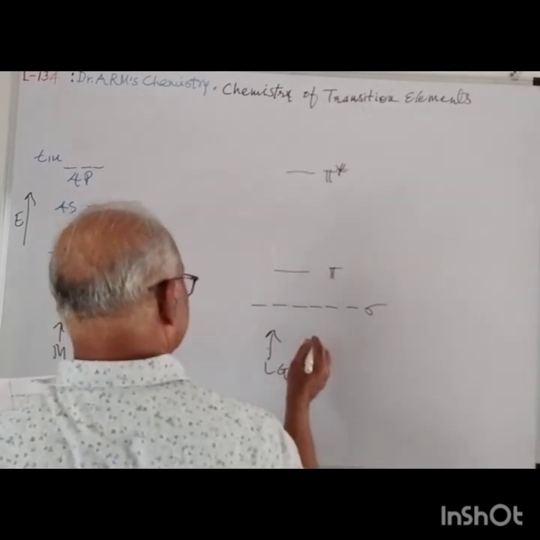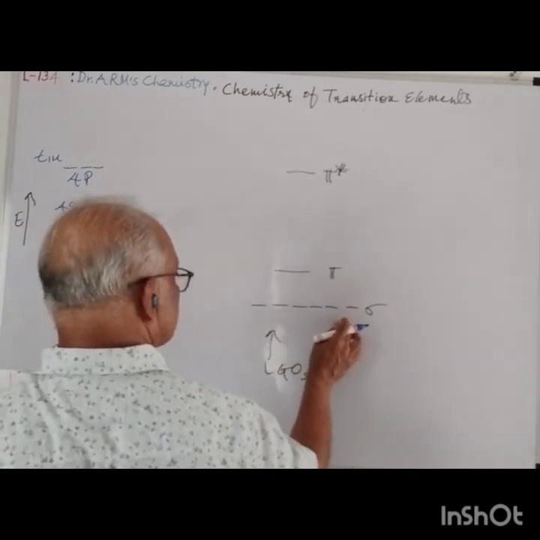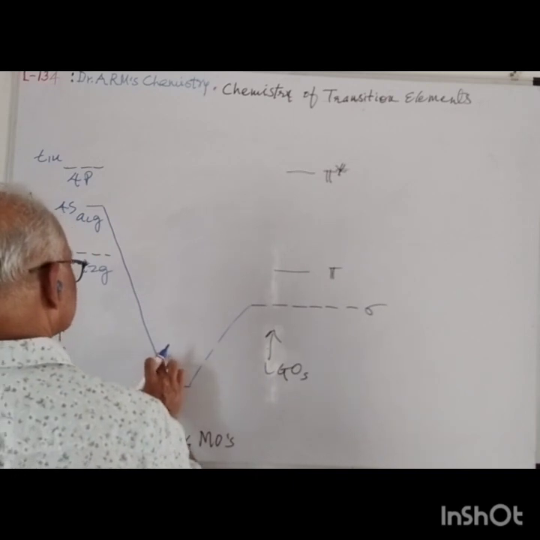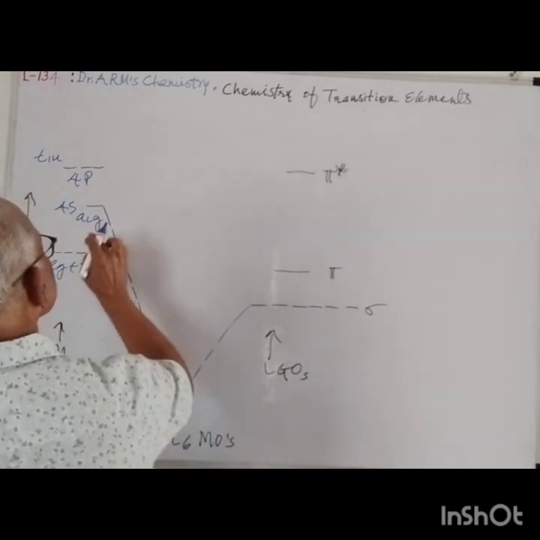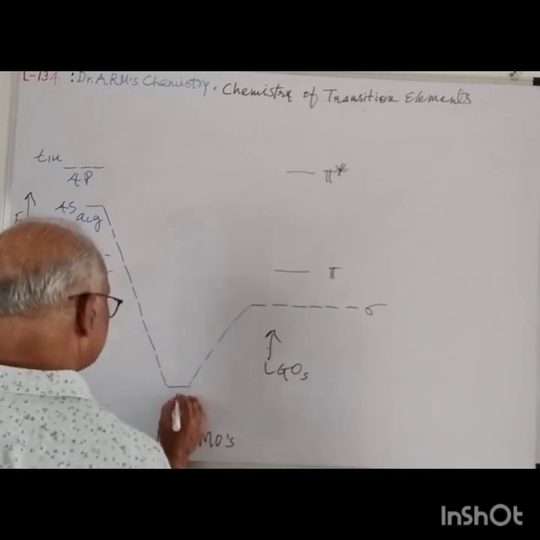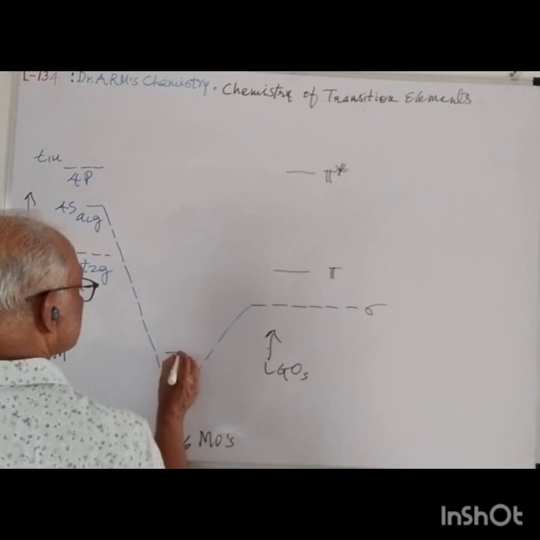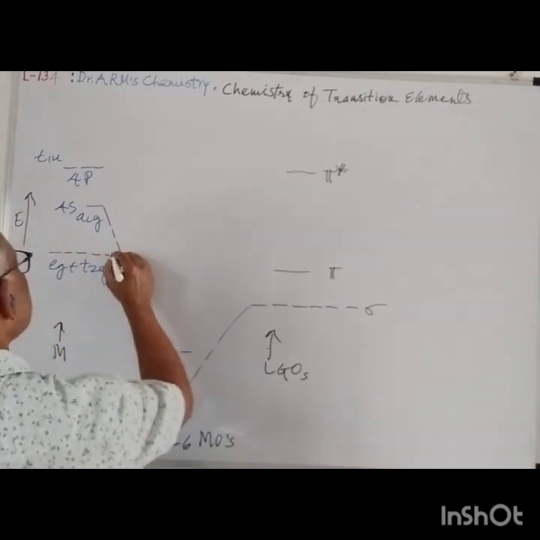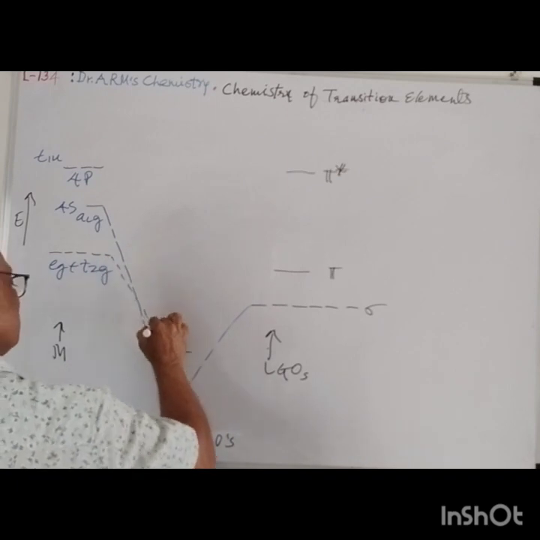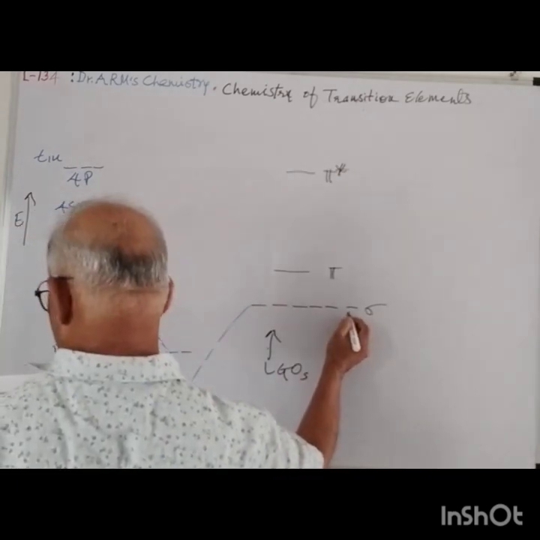On this side, the ligand group orbitals of sigma symmetry are also bonded here. So this is called the A1g symmetry orbital. Then there are two orbitals of Eg symmetry, and there are also Eg symmetry orbitals in this.